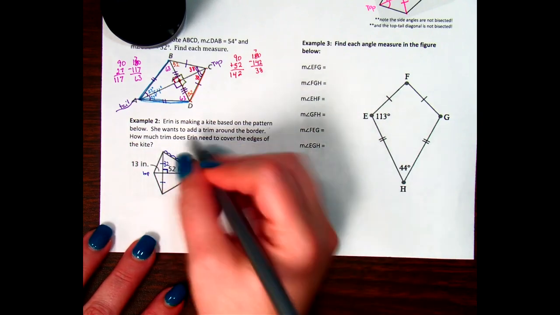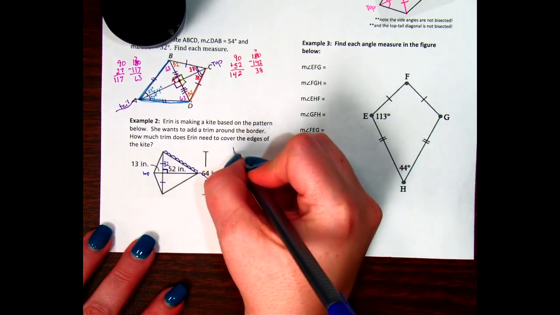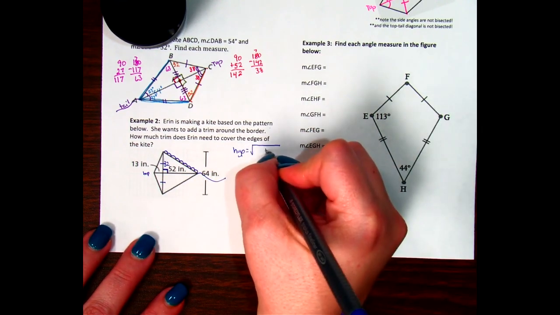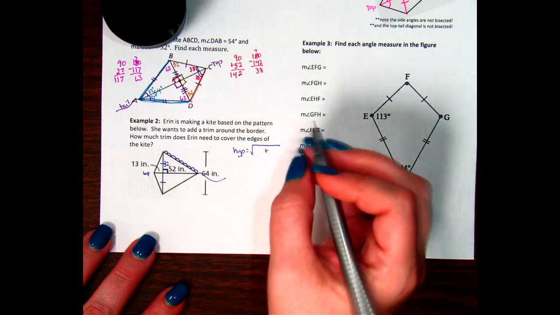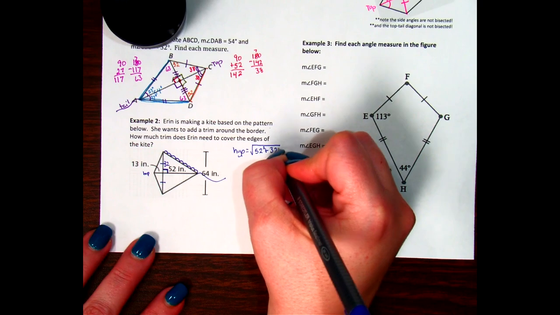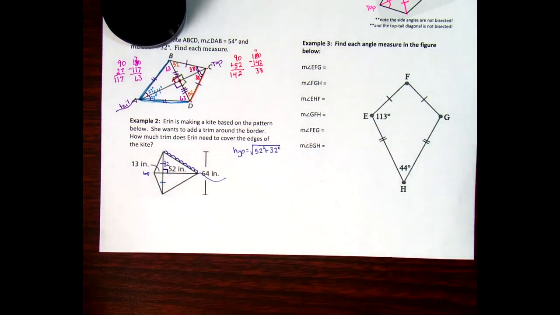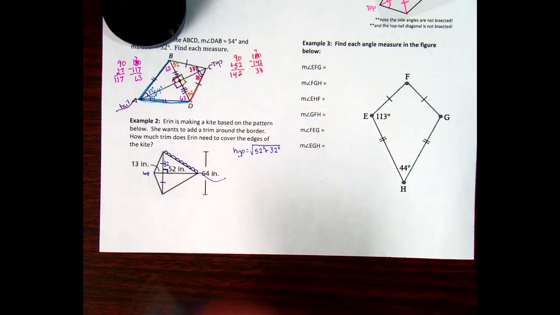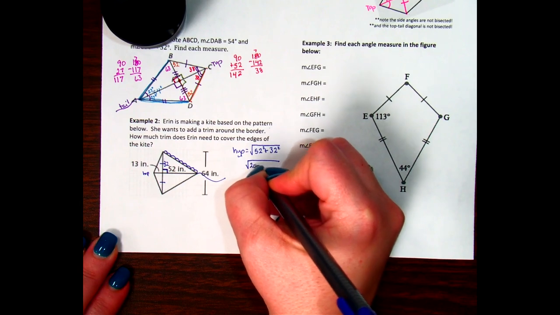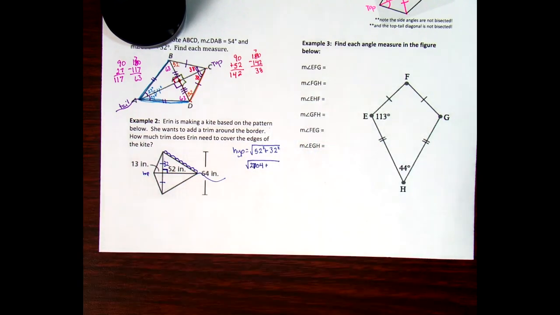Okay, so that's what I'm going to do. If I'm trying to find the hypotenuse, I'm going to add in my square root. My two numbers are 52 and 32. I put the bigger one in first always. And 52 squared is 2,704, and 32 squared is 1,024.